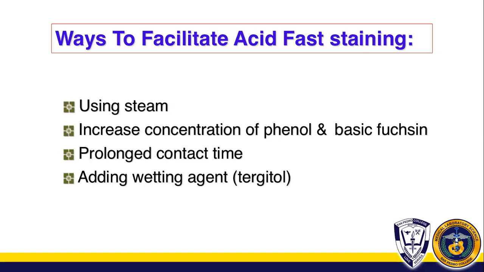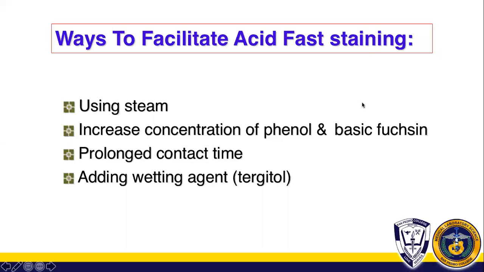This is done by lowering its surface tension. So when Tergitol is added into carbolfuchsin, the surface tension of carbolfuchsin is lowered, allowing it to easily flow into the cell walls of the acid-fast organism.